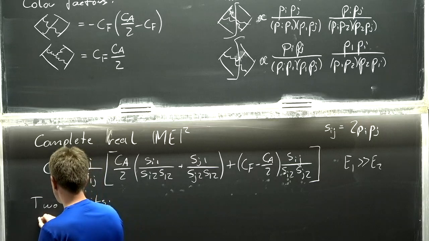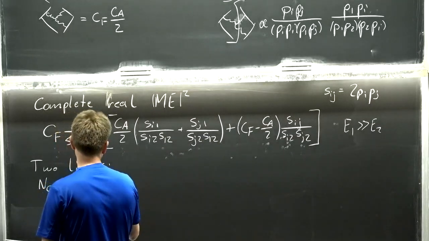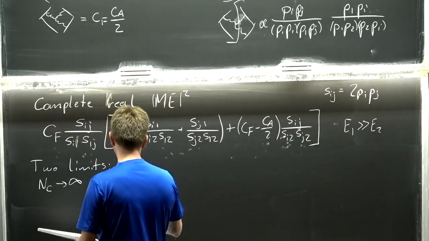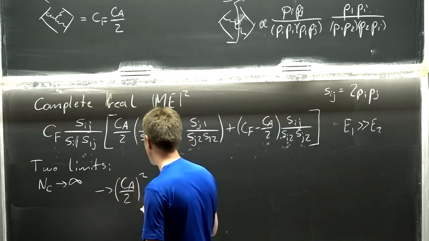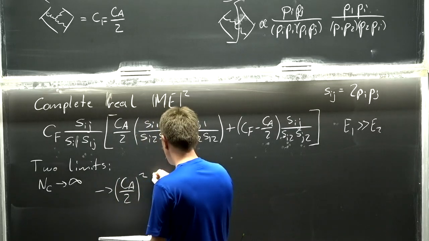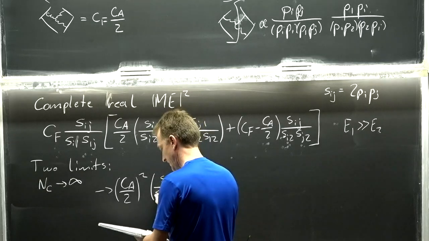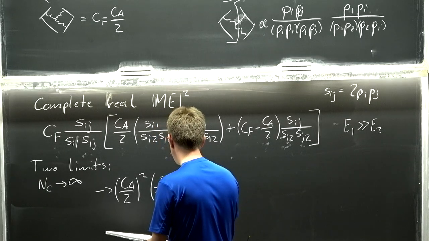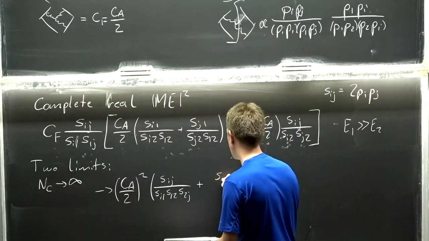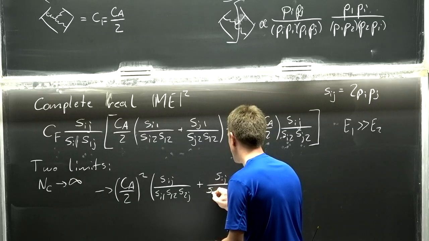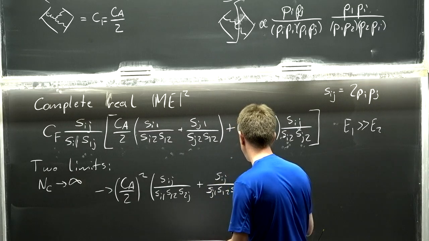We can take NC to infinity, the large NC limit, in which case this thing will go to, okay, so I take NC to infinity, but I hold CA fixed, so it will be CA squared over 2 times Sij over Si1 S1 to S2j plus Sij over Sj1 S1 to S2i.